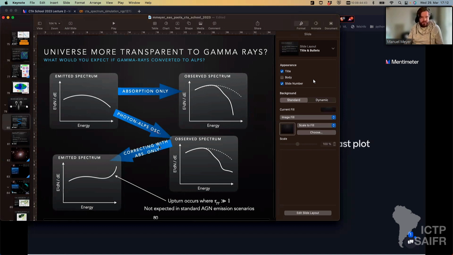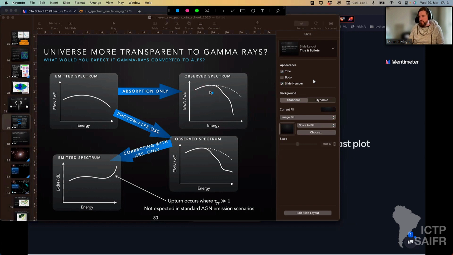Yeah, okay. So the idea here is, you have your intrinsic spectrum. Remember yesterday's lecture? This is F. And this here is F e to the minus tau, and tau is given from your EBL model, right? No axions here. So if you have axions, then you have this additional boost here, right? And in order to get here, what you multiply is your observed spectrum. Let's call this F prime the observed spectrum.